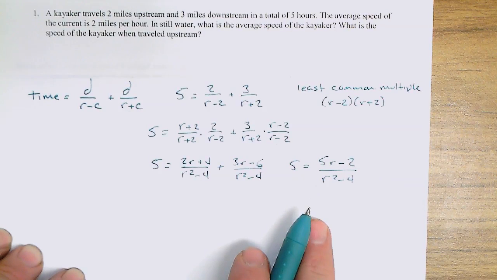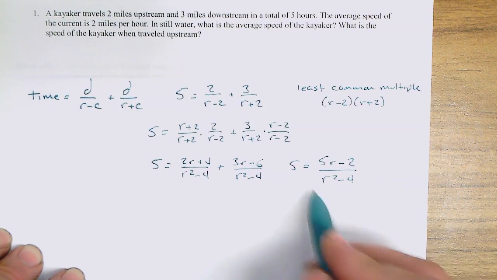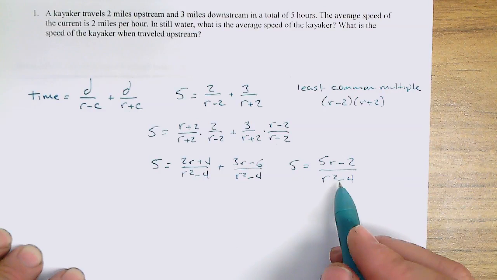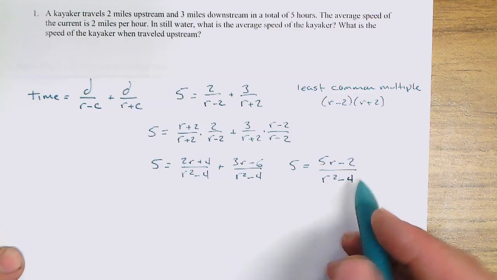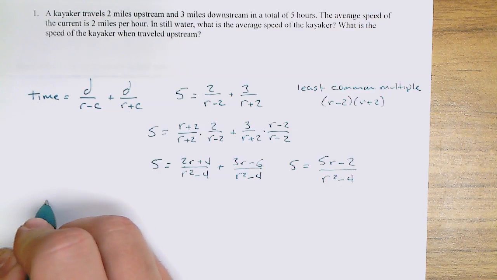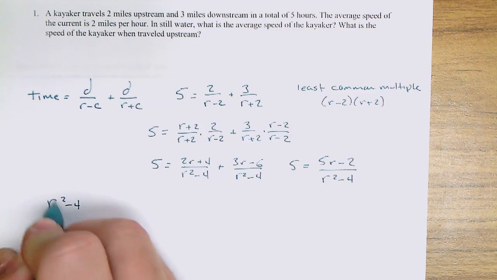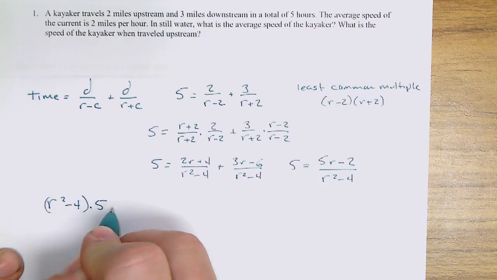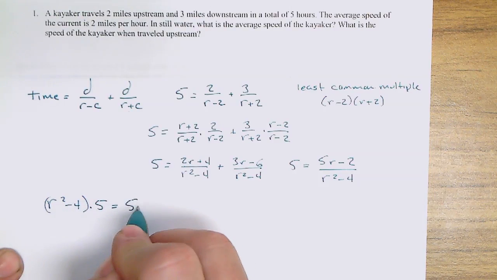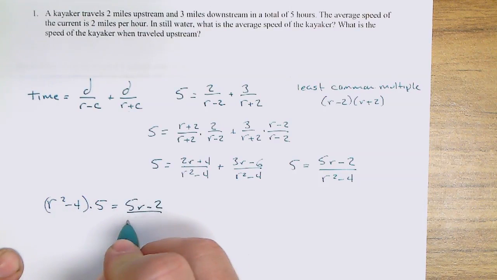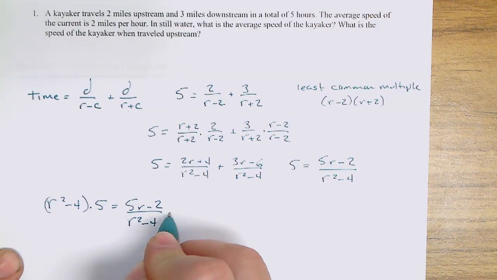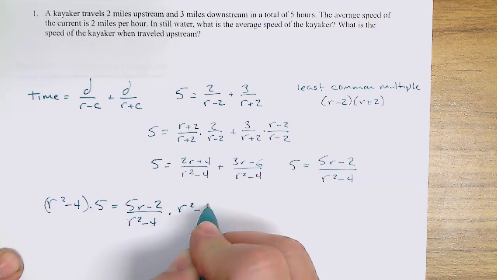From here, we need to get rid of this denominator, and the way we do that is we're going to multiply both sides by that denominator. So I'm going to come over here and go r squared minus 4 times my 5 is equal to 5r minus 2 over r squared minus 4 times r squared minus 4.